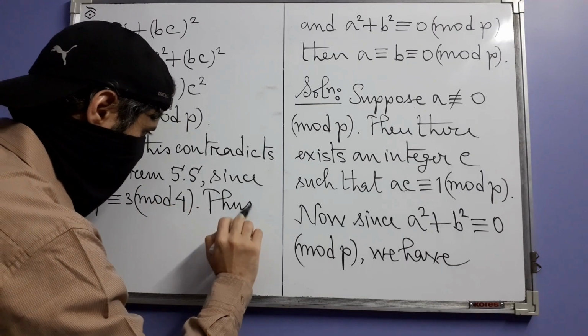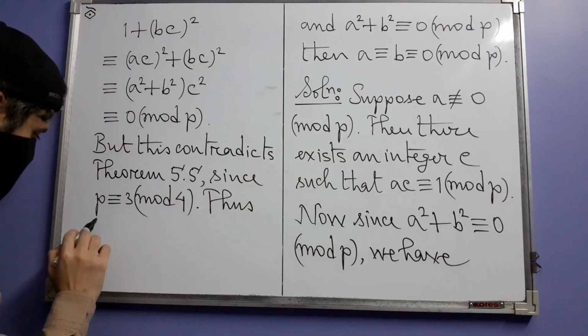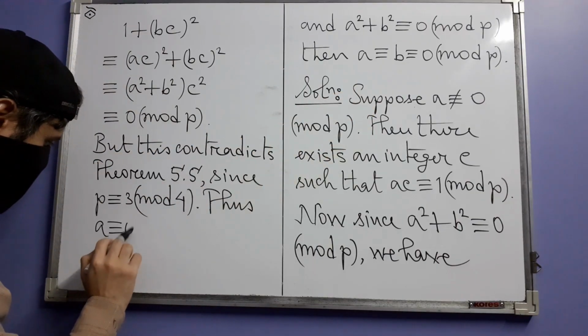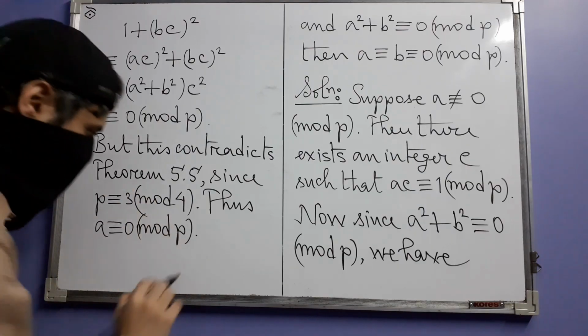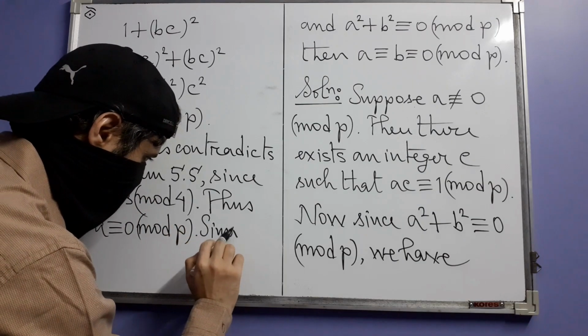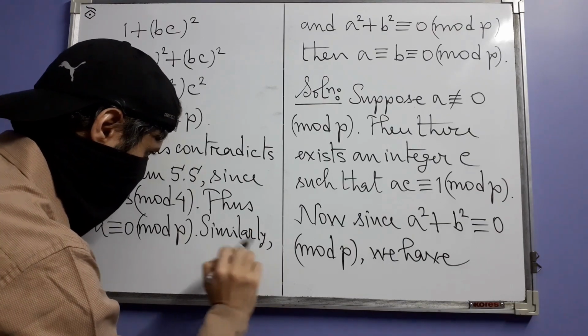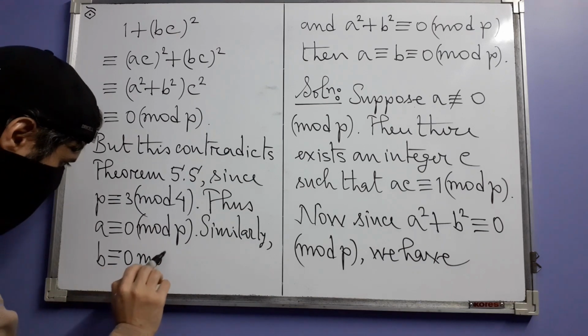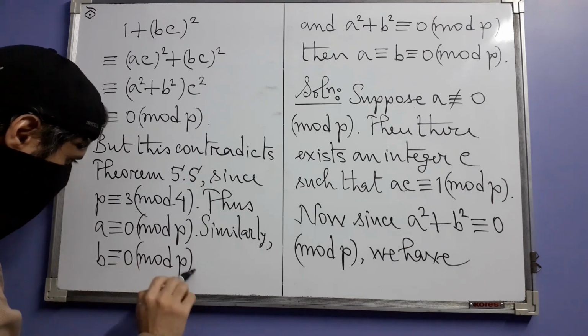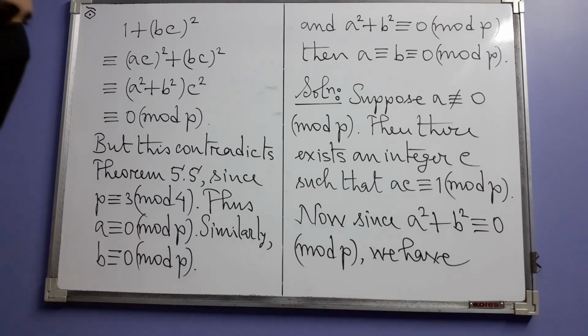Thus, we cannot have that. That is, we must have a congruent to 0 mod p. Similarly, b is also congruent to 0 mod p. So that's the solution.